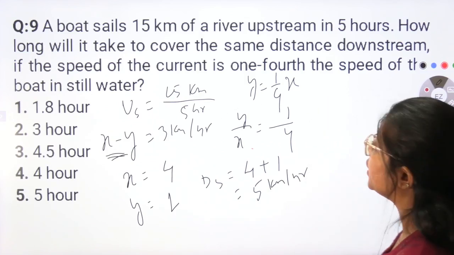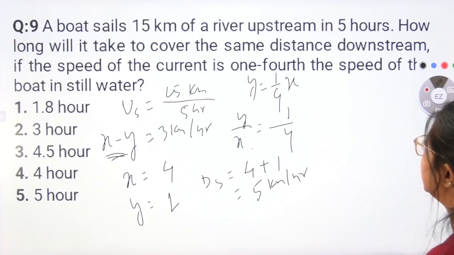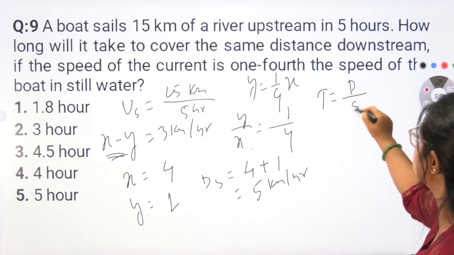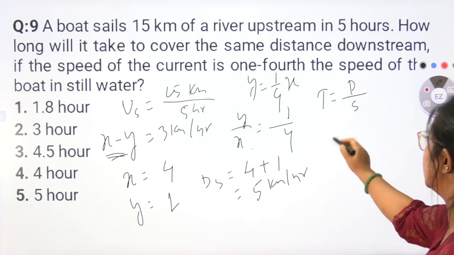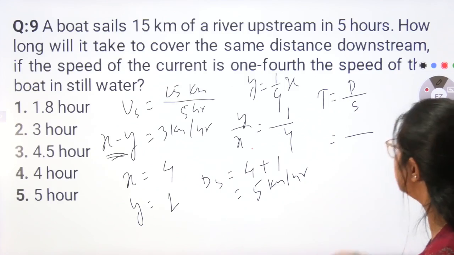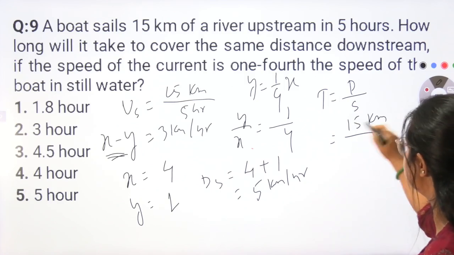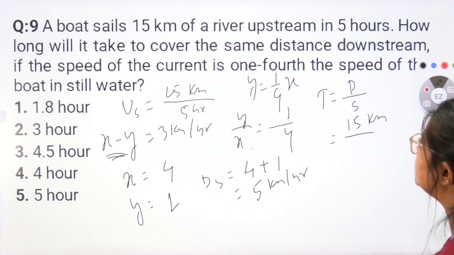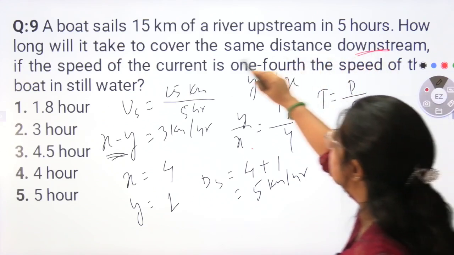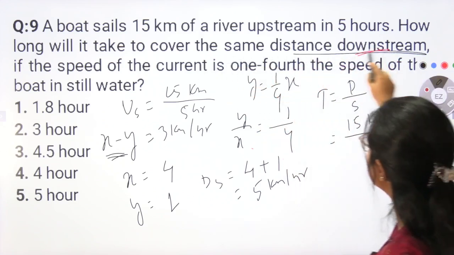Okay, I need to find out the time. So time would be how much? The time is distance by speed. Here distance is 15 km, because the length of the river is 15 km. And my speed would be how much? I will take downstream speed, because I need the time to cover the same distance while going downstream.